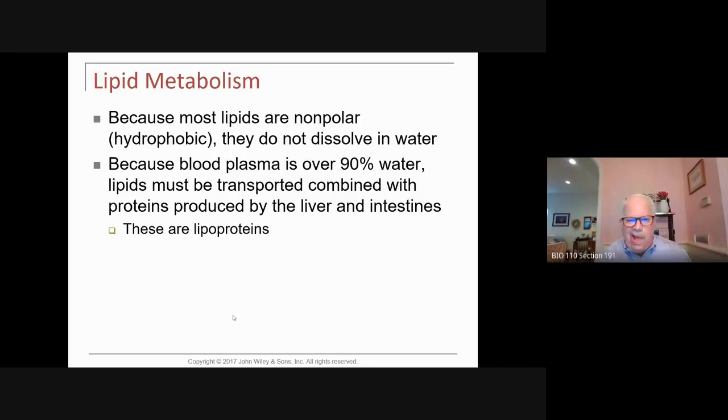So lipids cannot come into the cell without proteins. The combination of lipids and proteins is called a lipoprotein. And that's how fat comes into the cell, attached to proteins as a lipoprotein.